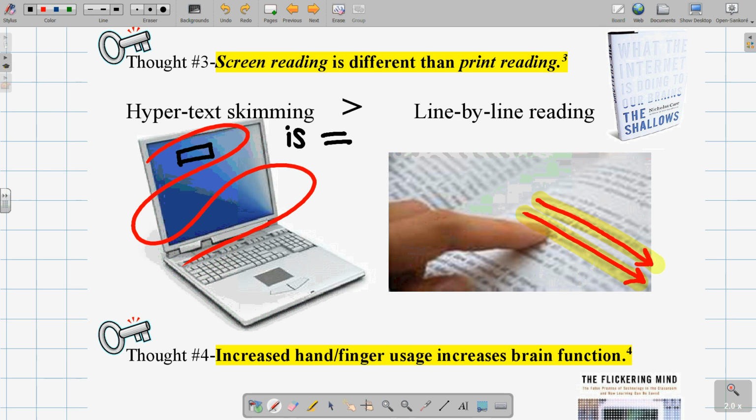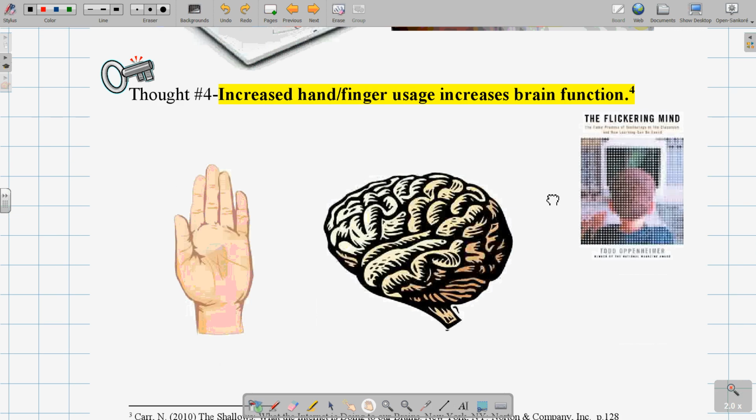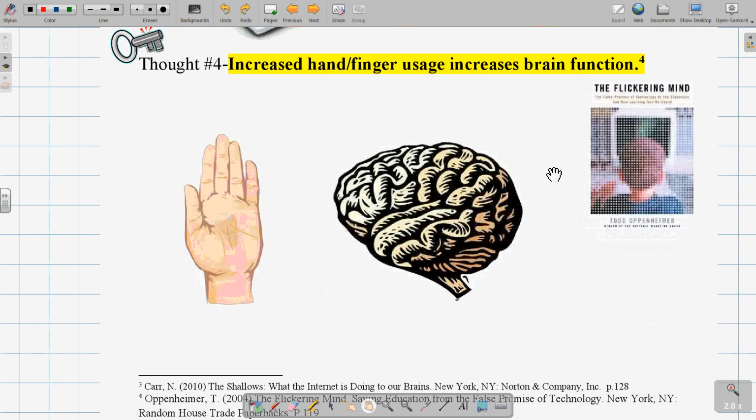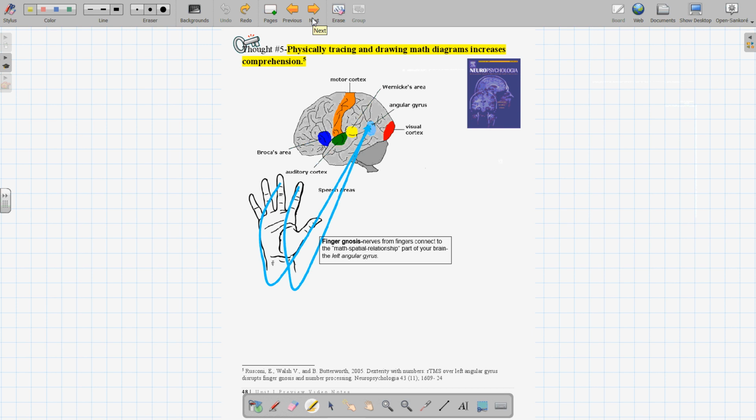Key thought number 3, increased finger usage and usage of your hands and gestures and fingers on paper, on physical things like paper and models, increases brain function. Again, Todd Oppenheimer, I have all my citations below. And here's the most important concept.